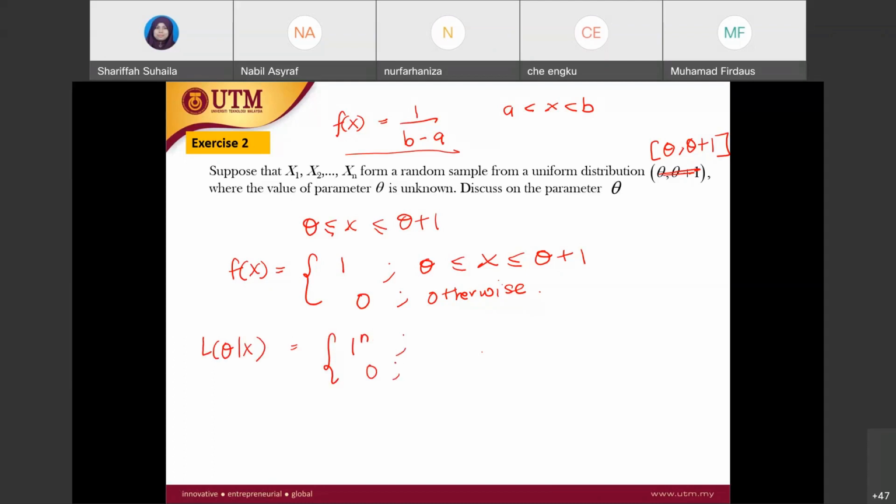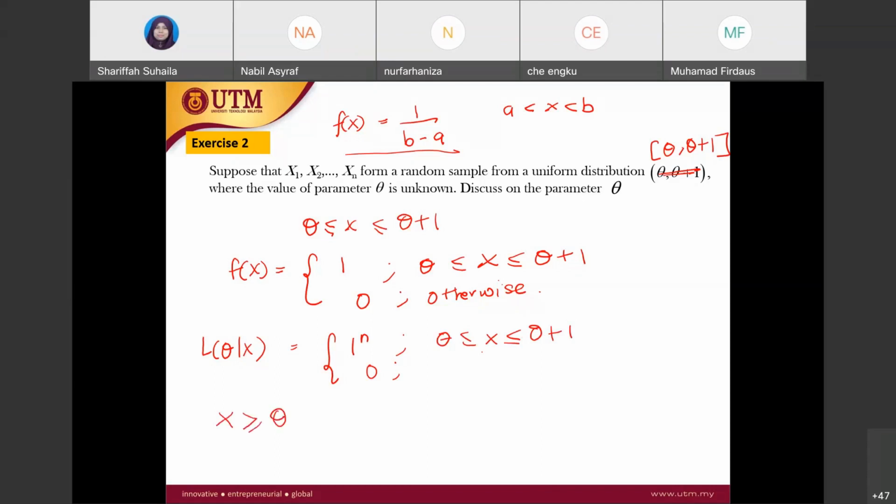In this case, because of the range, we have two alternative values. The smallest value: if we consider theta less than or equal to x, it can be x greater than or equal to theta.